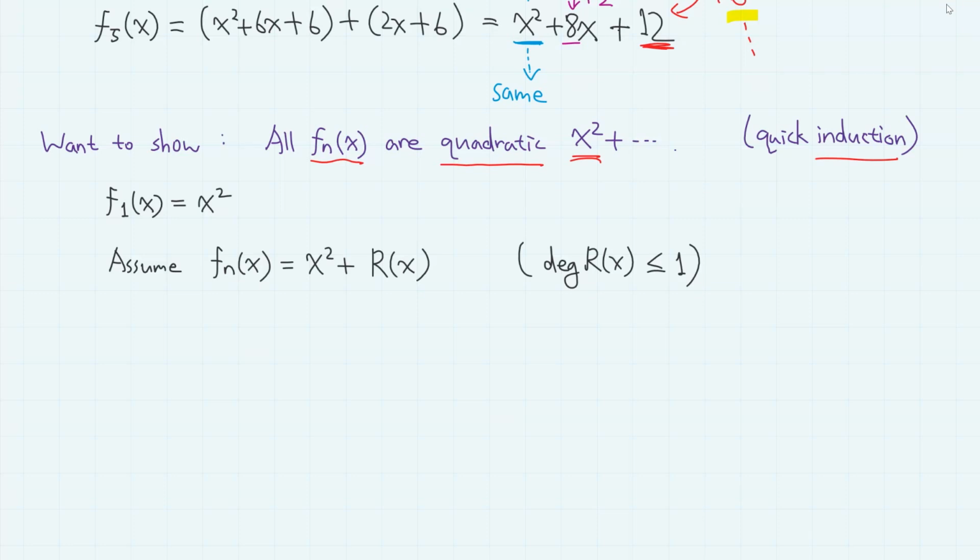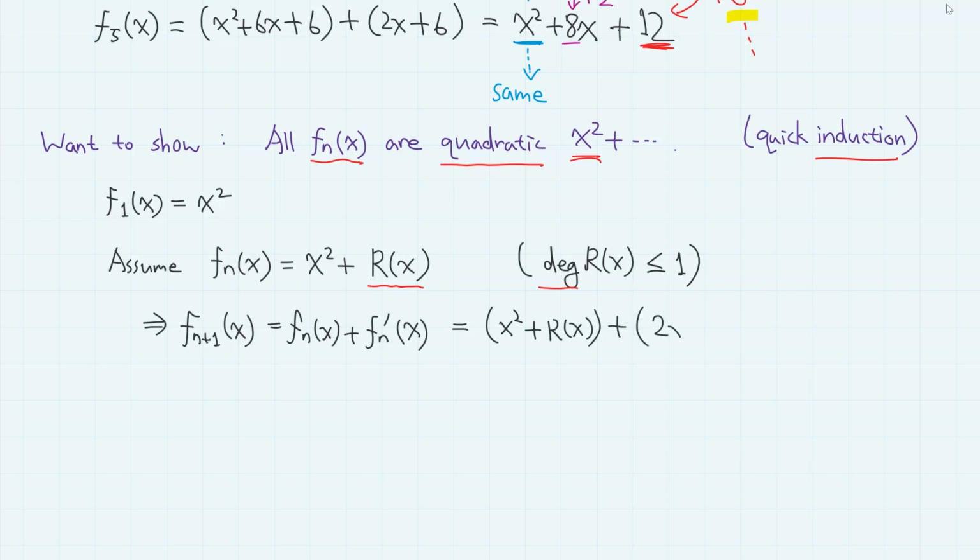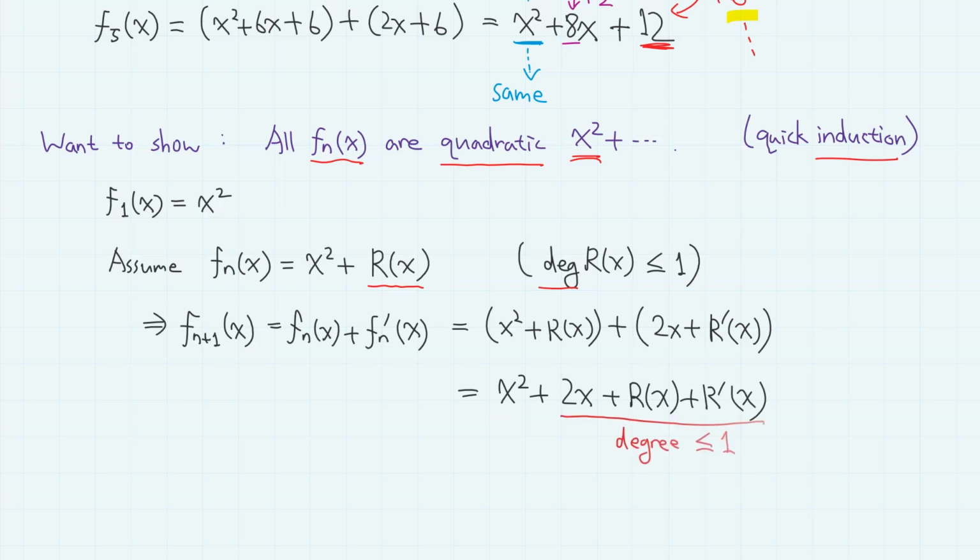And if we assume that f_n(x) is given as x squared plus the remaining terms r(x), where the degree of r(x) is less than or equal to 1, then f_{n+1}(x), which is f_n(x) plus f_n'(x), is given as x squared plus r(x) plus the derivative 2x plus r'(x), so x squared plus 2x plus r(x) plus r'(x), where the degree of 2x plus r(x) plus r'(x) is also less than or equal to 1.